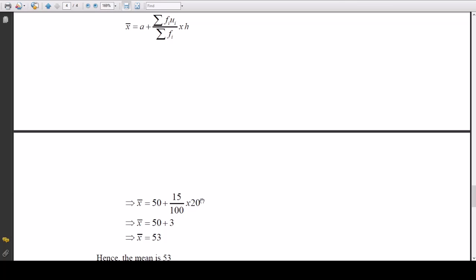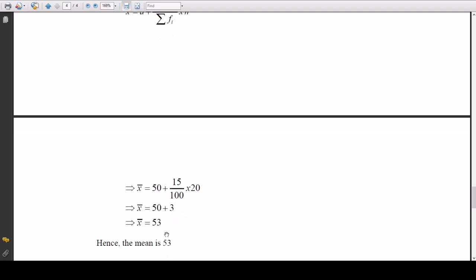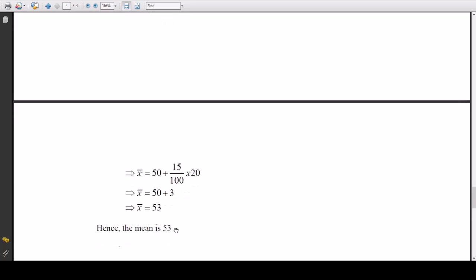Now cancelling here, 20 goes with 5, isn't it? 20 goes into 100 five times. 5 multiply 3 is 15. Therefore we are getting 50 plus 3, which is 53. Hence the mean of this given distribution is 53.